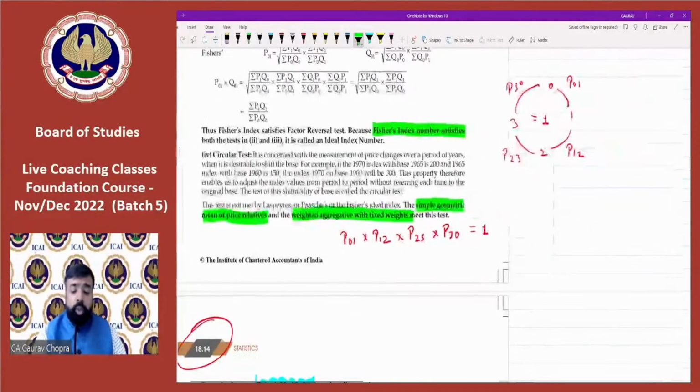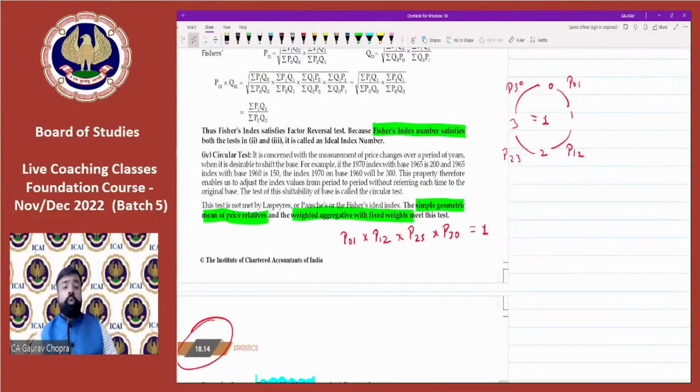Now, overall, if we look at these 4 formulas, which formula satisfies all the tests? There is no formula which satisfies all, because Fisher does not satisfy the circular test. So full marks, 4 out of 4, no one has.